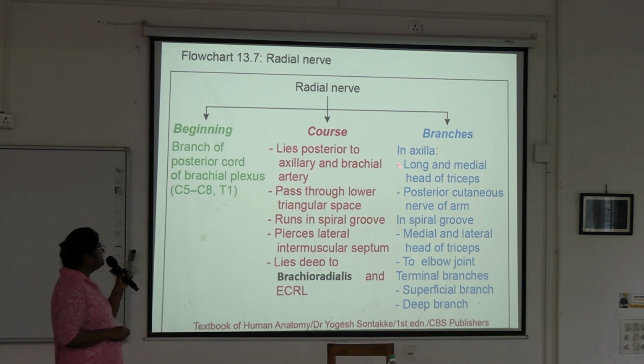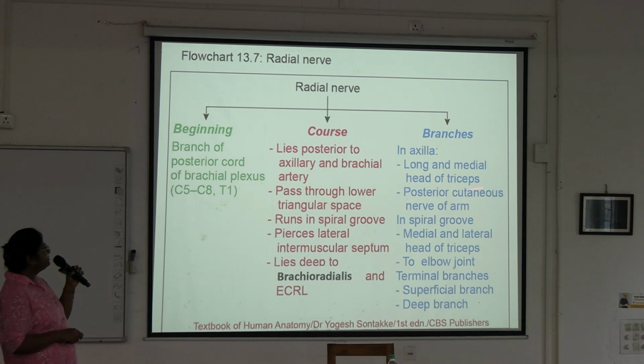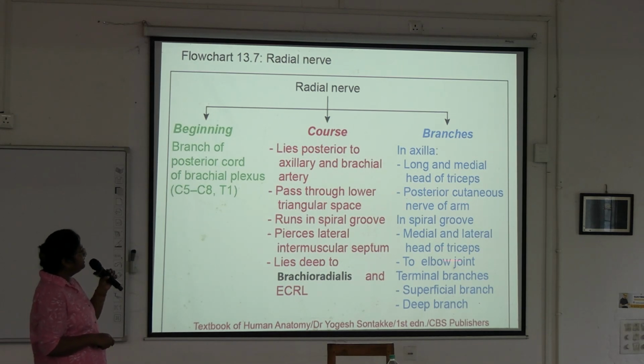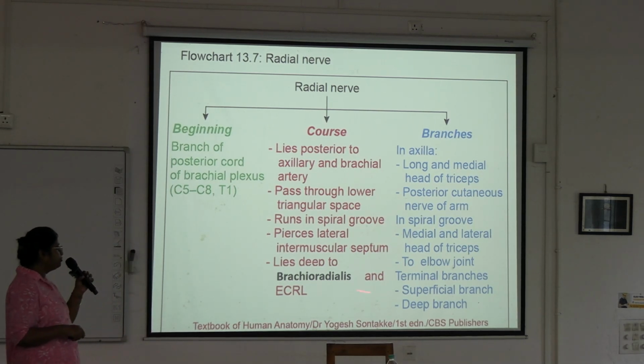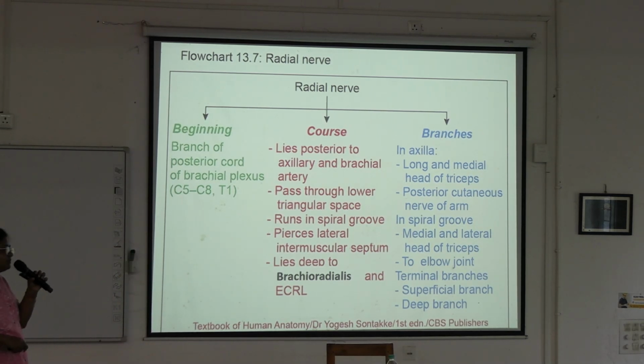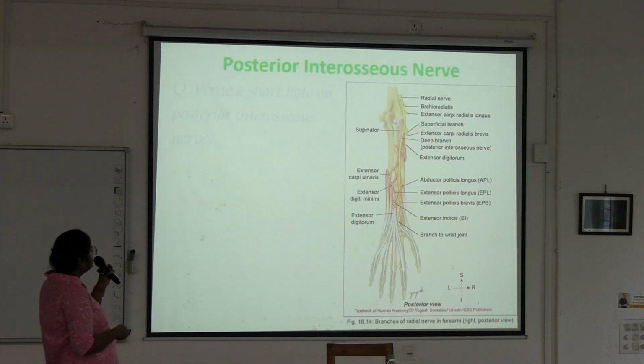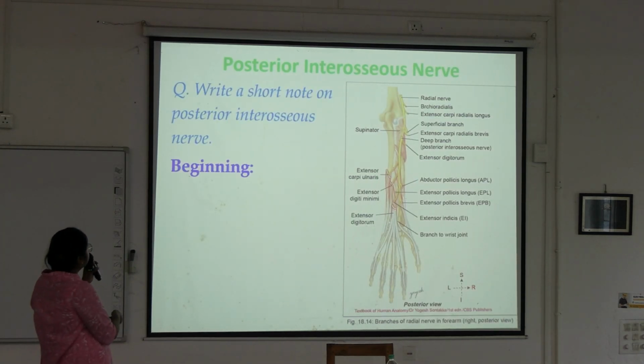These are the branches in the axilla: long and medial head of triceps, posterior cutaneous nerve of arm. In the spiral groove: medial and lateral head of triceps, to the elbow joint, and two terminal branches, superficial and deep branch. So this is the summarization of the course and the branches.